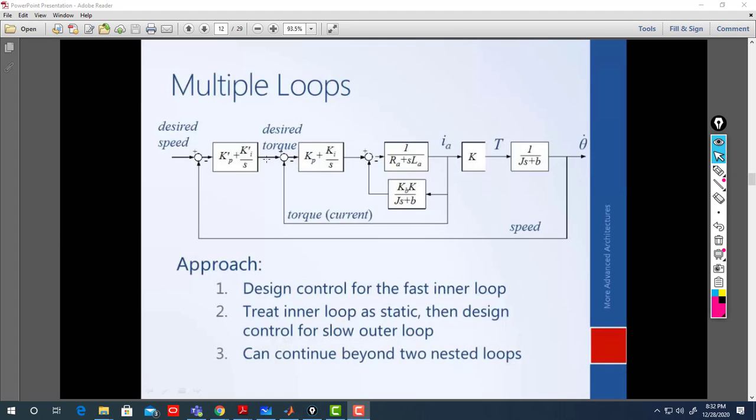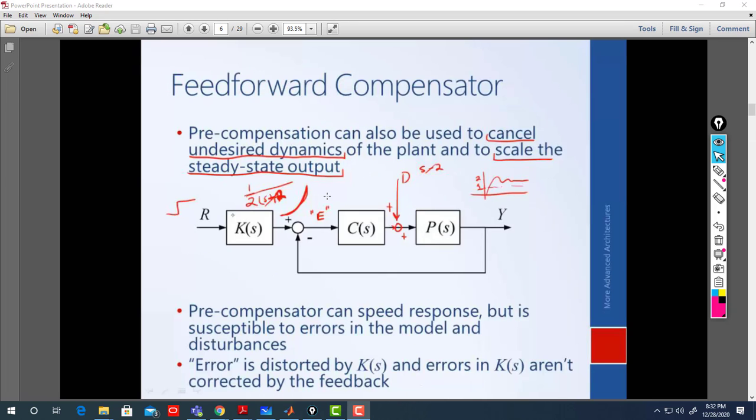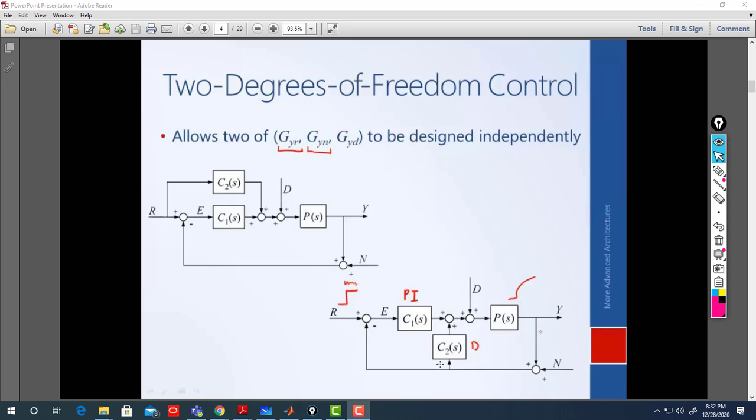If my two controllers are in this way, how to design, how to find the controller? Or if it is in this way, this is also part of it. This is the inner controller and this is the outer controller. How to design a controller in this case? This is what we call multiple loop.